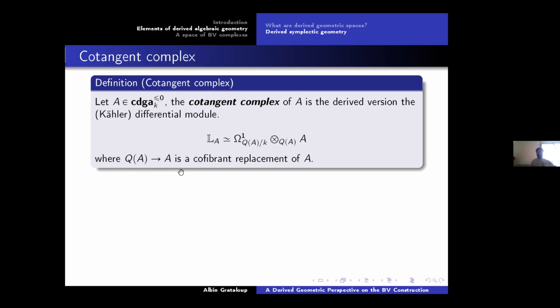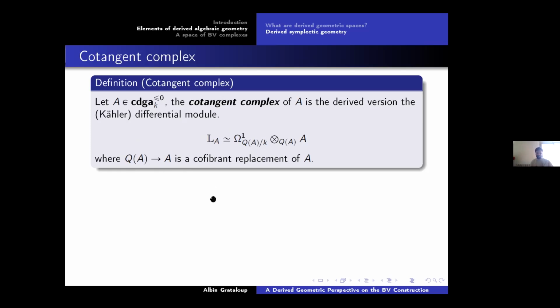For example, if it's the functions on the strict critical locus, it's going to be a quotient. It might not be projective, or well behaved enough. So you might need to take a resolution of it, and then you apply the differential functor to get the cotangent complex. This is the thing that you would like to see as one-forms, but it's a bit more intricate than that.